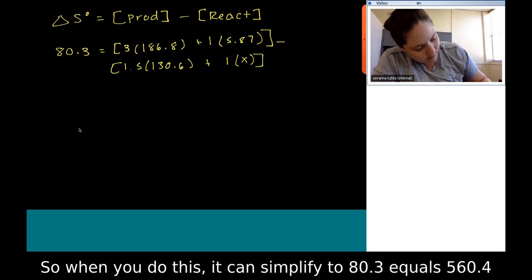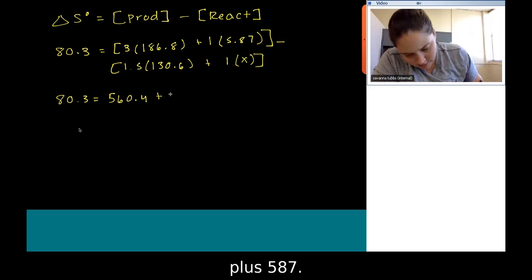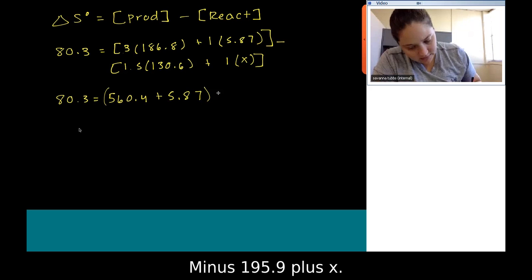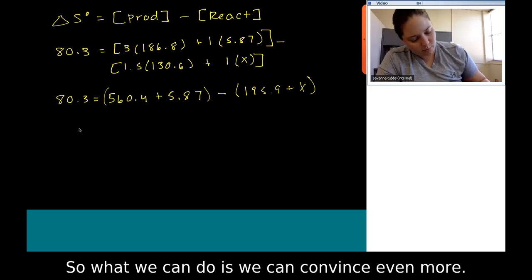So when you do this, it can simplify to 80.3 equals 560.4 plus 5.87. So this is our products right here, minus 195.9 plus x, sorry. So what we can do is we can condense it even more.